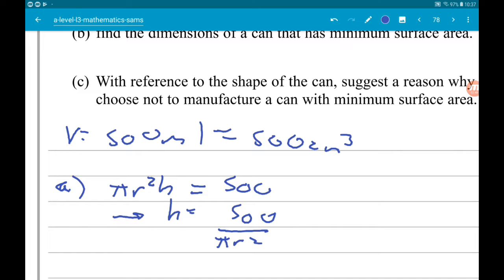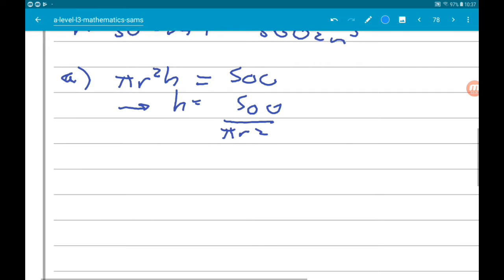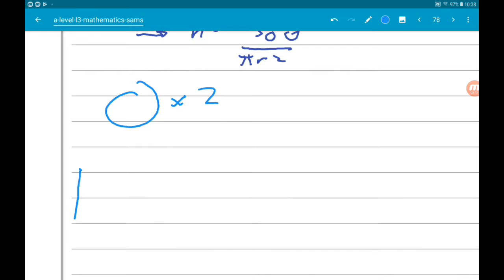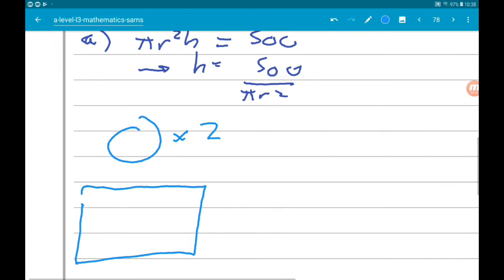Okay, so now that we know what h is in terms of r, let's think about surface area. So, a cylinder has 3 faces. It's got 2 circles. And it has the rectangle that wraps around the outside. Now we know the height of the rectangle is h, which is 500 over pi r squared.